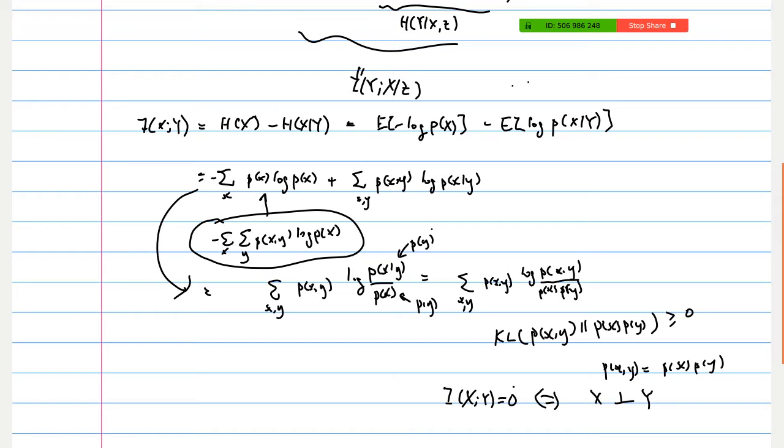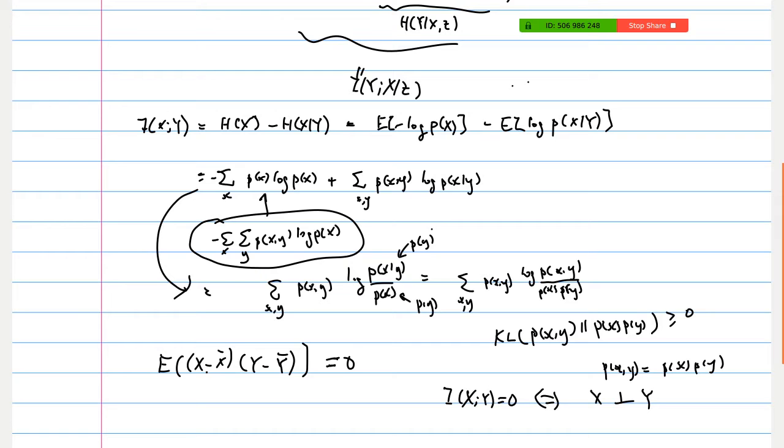independence is actually a stronger condition than uncorrelatedness. When you say two random variables are uncorrelated, you're basically saying that, with zero mean for both random variables, the product of these two will be equal to 0.